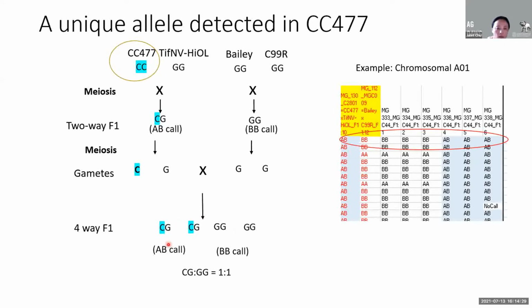You would recover a random combination, with an equal number of individuals with a CG or GG combination, that is, AB call and BB call. Here you can see we have six four-way F1s genotyped, and they do have an equal number of BB and AB calls.